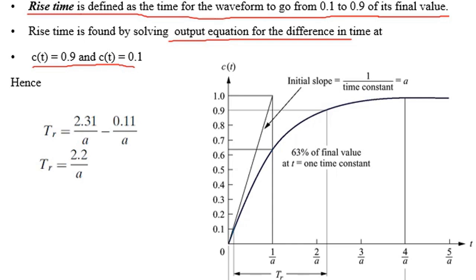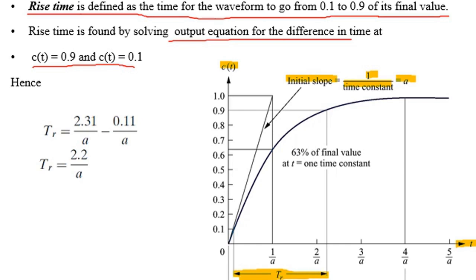If you see the figure which represents the step response of the first order system, in this the initial slope is equal to 1 over time constant, which is equal to a, and the time axis is again divided on the basis of time constant.